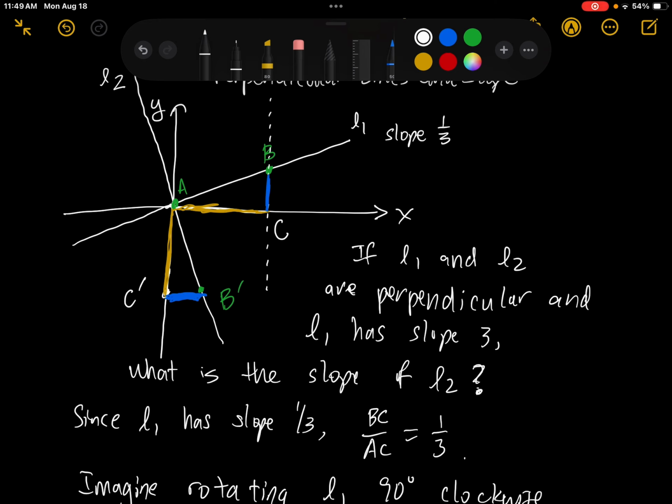Suppose that AC were equal to 3. Then what would BC be equal to? BC would be equal to 1 because L1 has slope 1/3, sorry. So then AC prime would have length 3 and B prime C prime would have length 1.